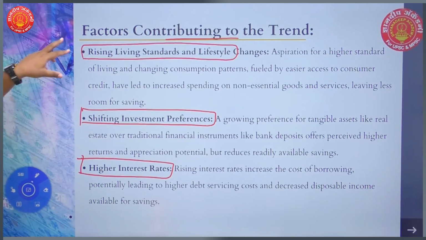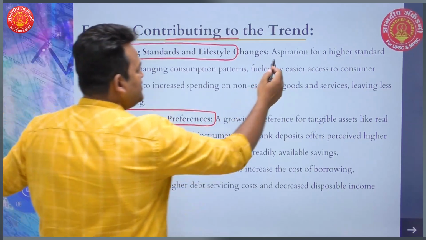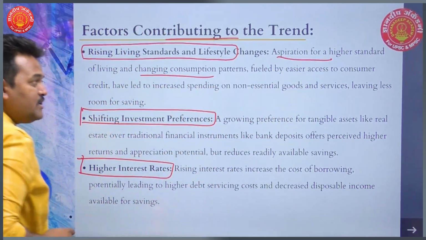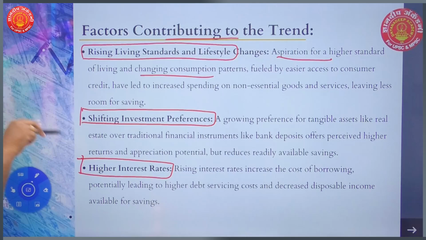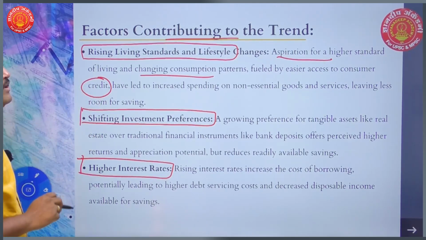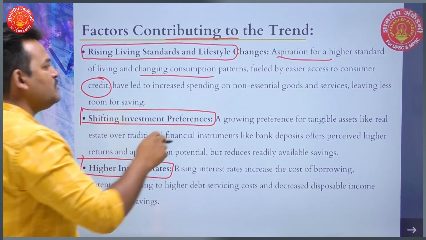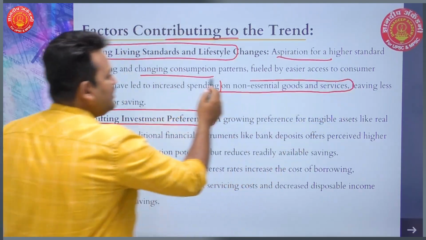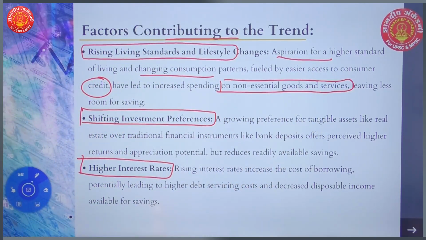First, rising living standards and lifestyle changes: aspirations for a higher standard of living and changing consumption patterns, fueled by easier access to consumer credit, have led to increased spending on non-essential goods and services, leaving less room for saving. So we are consuming more, spending more, and not saving more.